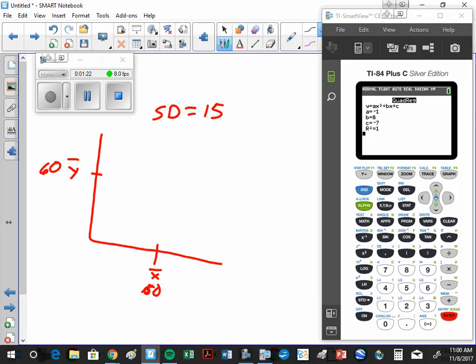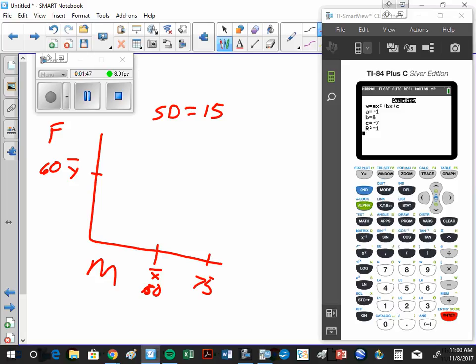So the SDX and the SDY are both 15. Okay? So I want to know if somebody scores 75 on the midterm, so this is final and this is midterm, what is our best possible guess of their score on the final?